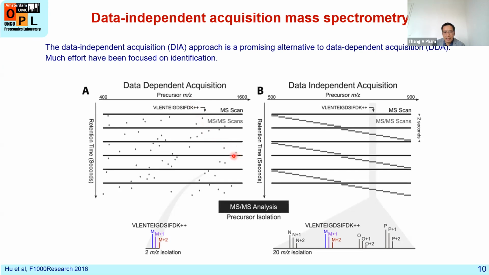On the left, you see the old technique where the high abundant peptide will be selected and sequenced separately, whereas the new technique would sequence the whole window, which contains multiple peptides, which makes the MS analysis a little bit more difficult. But then it gives a much more consistent data set. And if you do machine learning, missing value is a very big problem. And with the new acquisition, it gives much less missing value.